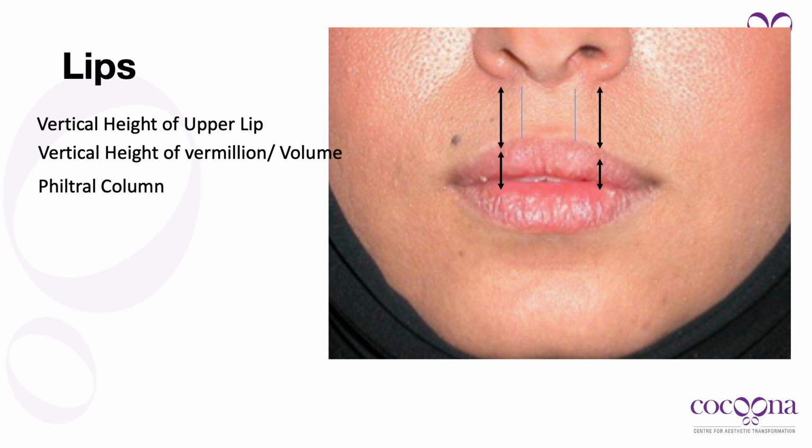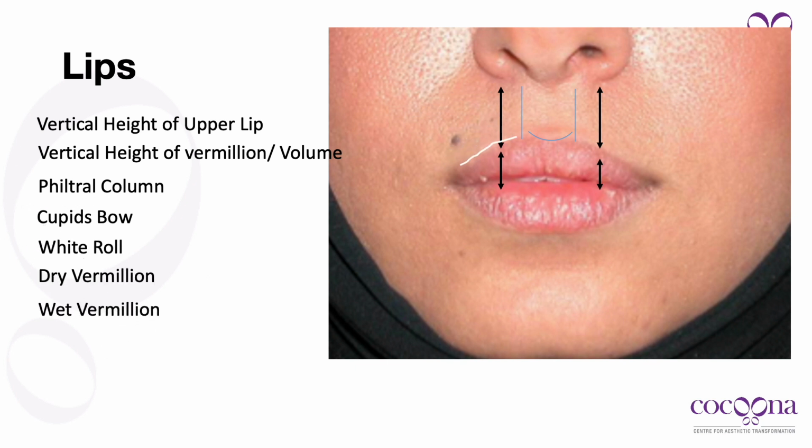Then you look at the philtral column, how developed and wide they are, the Cupid's bow and the white roll. Then the dry vermilion and the wet vermilion. Then you examine the modulus of the lip, and finally you assess the symmetry of the region.